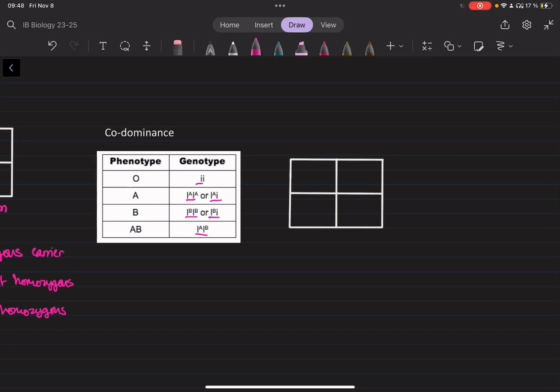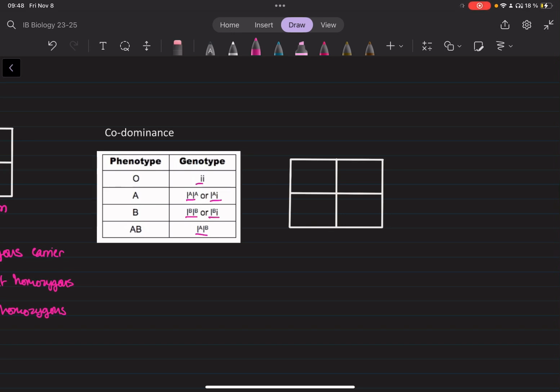That's why you get wavy hair as well as curly and straight, because you get codominance, and both the straight hair, so to say, and the wavy hair are being expressed at the same time, causing wavy hair. And the same thing goes with blood type. So in this case, as I said before, O is recessive and A and B are dominant, which is how you get AB blood type, which is codominant.